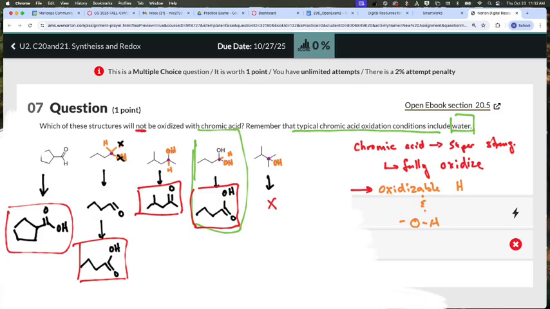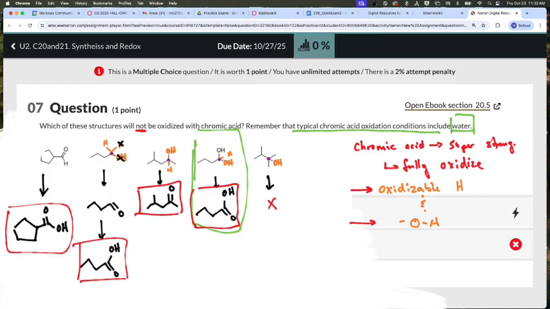So if we're going to try and memorize some information for our chromic acid, oxidizable hydrogen is useful. Seeing an OH is useful. But then we also want to address something about the extent of this. Okay? So the OH is going to show up in any of our alcohols. So that one's kind of straightforward.